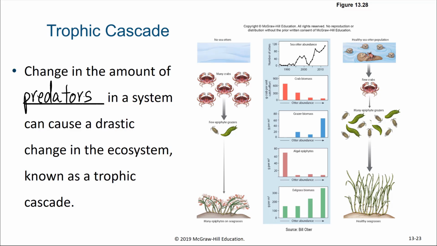With the introduction of the sea otters as a predator on the crabs, that means that there are more grazers to eat the things that are growing on top of the seagrasses, meaning the seagrass is healthier and able to produce more biomass. It's interesting how these keystone predators can balance so many different aspects of an ecosystem.